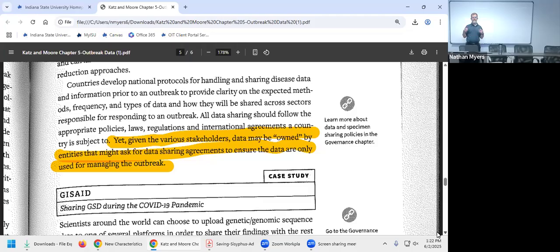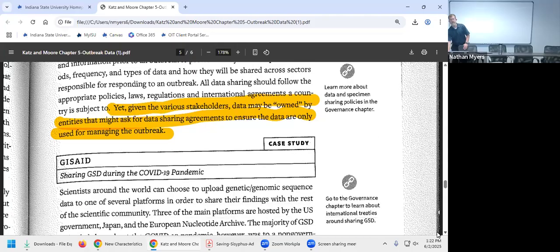Unfortunately, these concerns about research and development and who's going to benefit economically from vaccines and pharmaceuticals are still an issue even during an ongoing pandemic or an ongoing outbreak. So we have to be cognizant of that and be ready to address those issues head on should they arise.